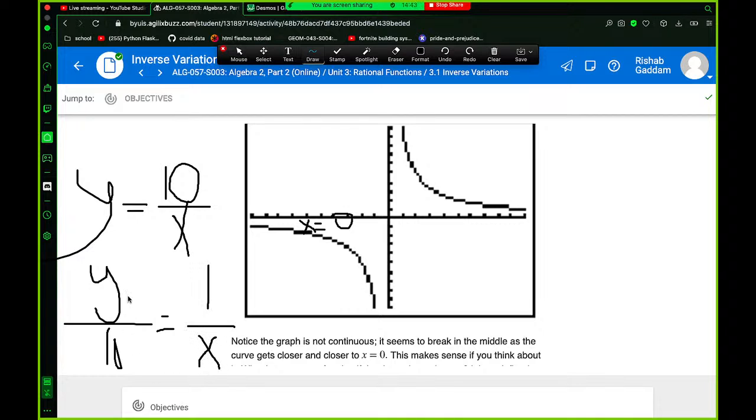Now we can flip the whole equation upside down to get the value of x. So we get x over 1, or just x, is equal to 10 over y. If you look at this now and you make y equal to 0, you get undefined.